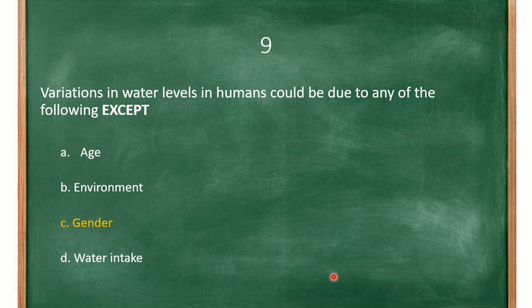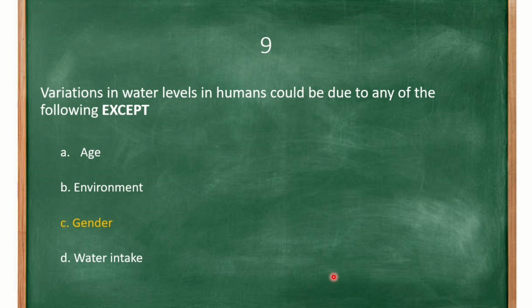Then if you take gender, that's the answer we are selecting. We're saying that gender will not affect water variation significantly, because whether you're male or female does not really influence the water levels in your body.